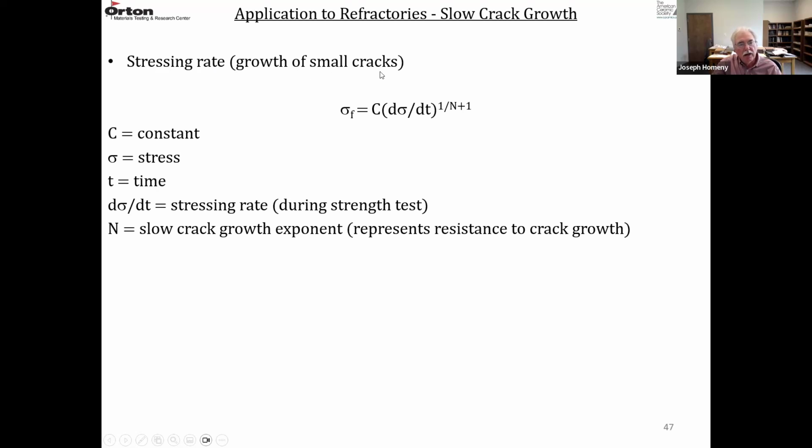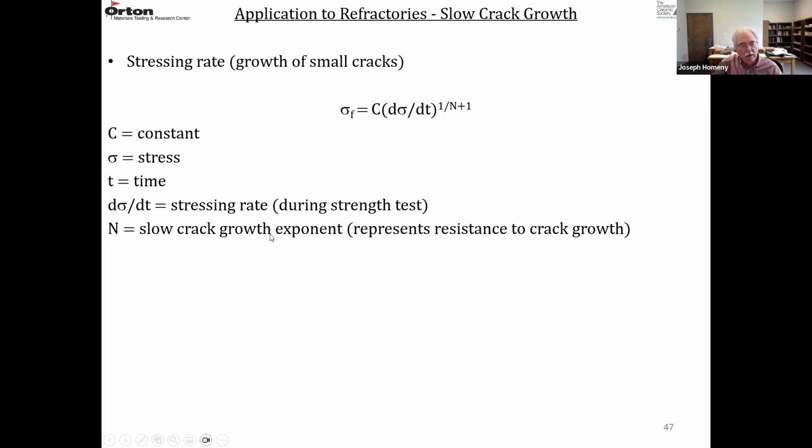It assumes we start out with small cracks. So this would be an as-produced refractory material that's micro-cracked. The cracks are relatively small. So this is an equation that describes the stressing rate experiment. The fracture stress equals a constant times dσ/dt, which is the stressing rate, to the power 1 over n plus 1.